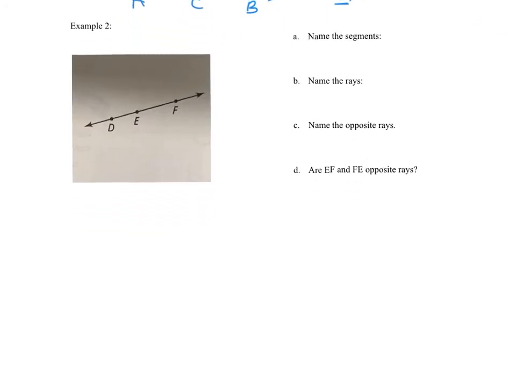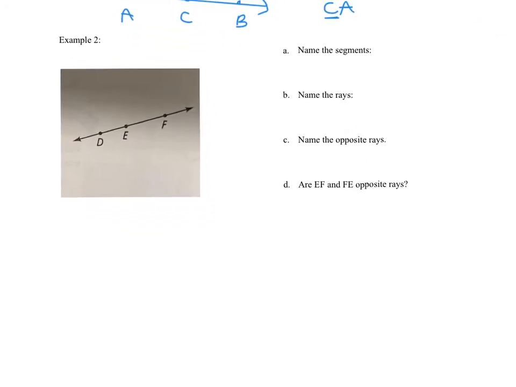All right, last example, and then you can get to the homework. On this one, it says name the segments. Well, in this picture, there is segment EF. So you do EF with just the bar over top. There is segment ED or DE, and you can do either one of those.